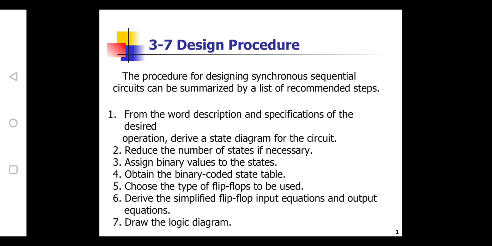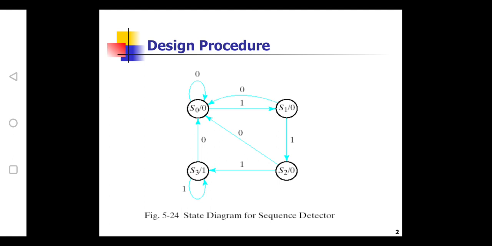So let us see how to design a sequential circuit with this design procedure. Instead of giving a problem statement, in this example they have directly given a state diagram of a sequence detector. If we observe this state diagram, it consists of four states: S0, S1, S2 and S3, and the outputs are written along with the states.